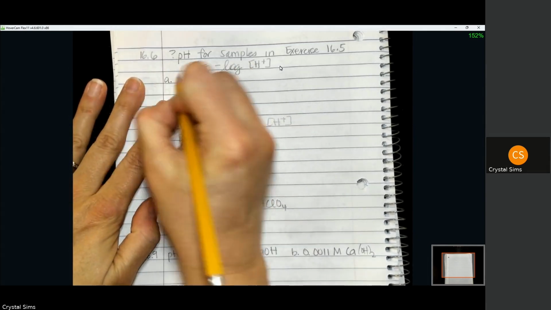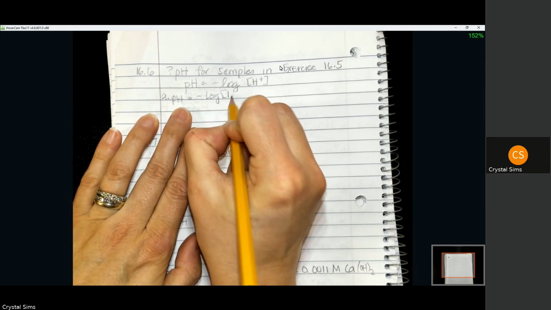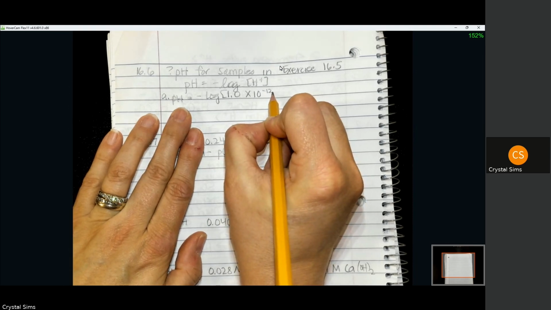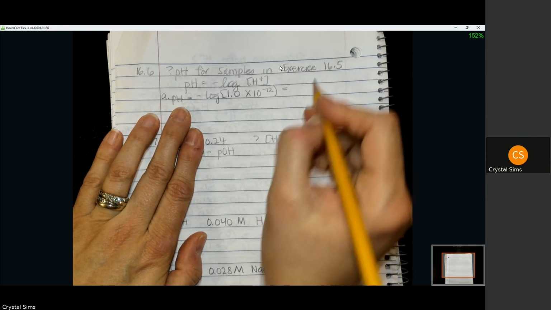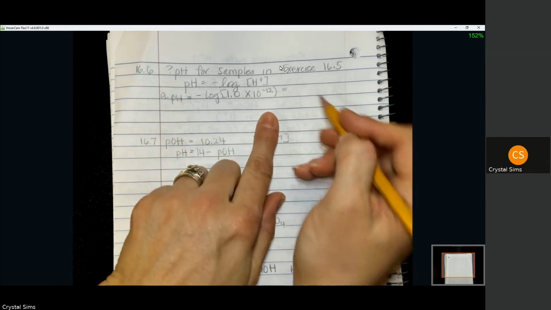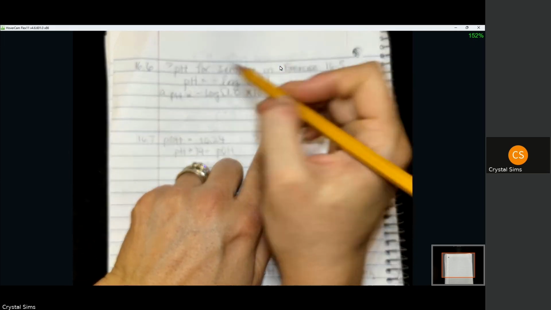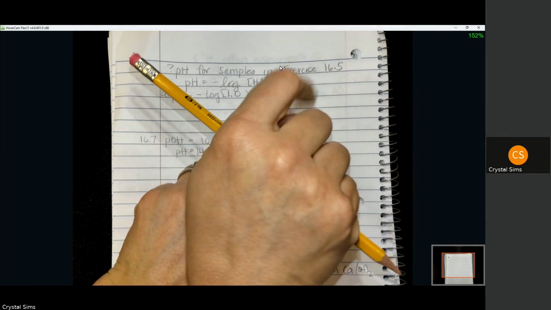So A, we're going to say pH is equal to the negative log, and I'll plug that in, 1.0 times 10 to the negative 12. And when I plug that into my calculator, the log of 1.0 times 10 to the negative 12 is negative 12.